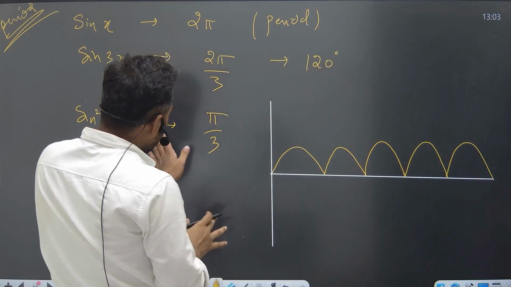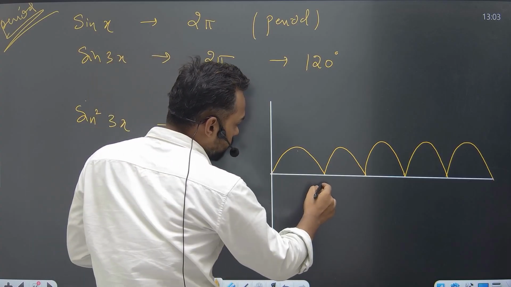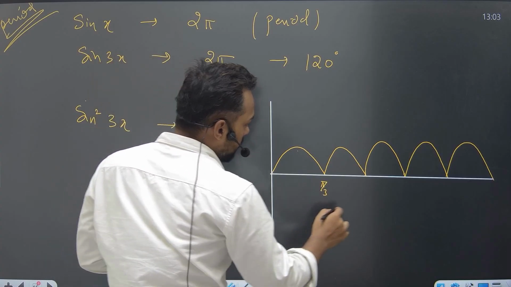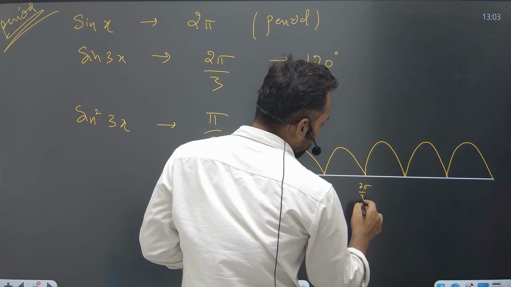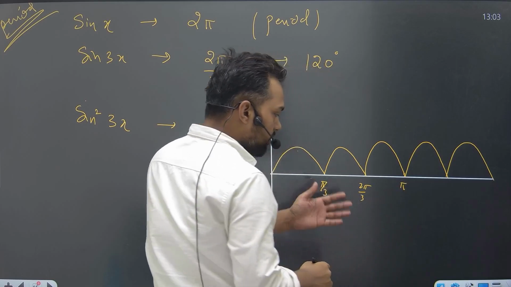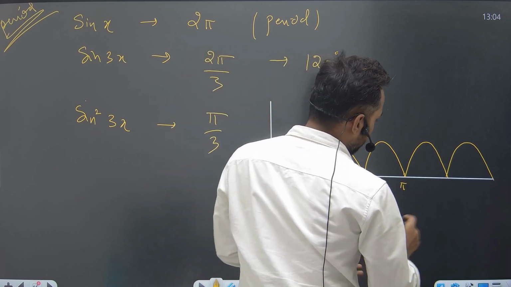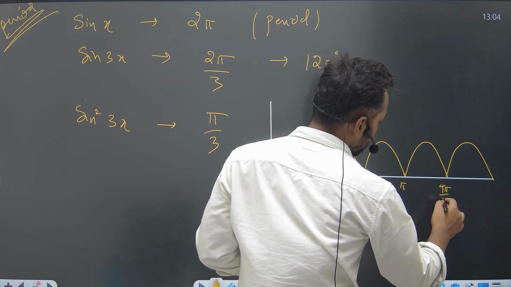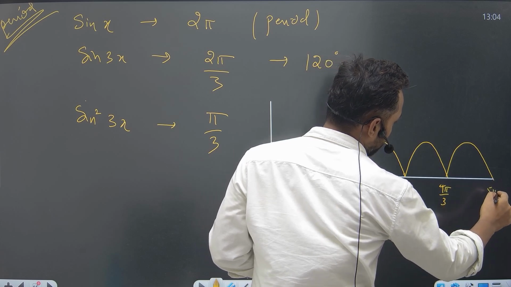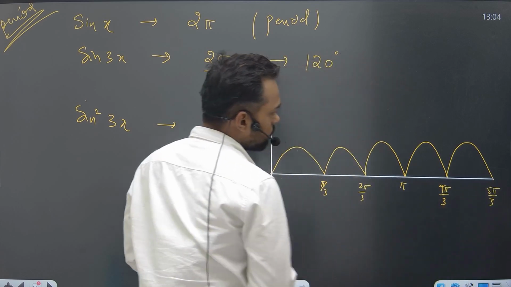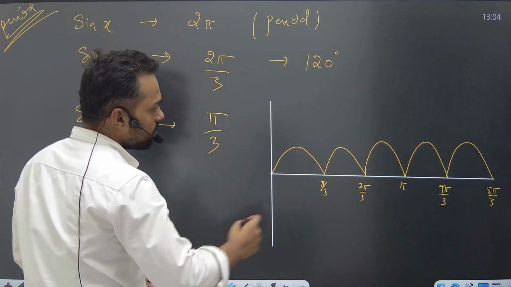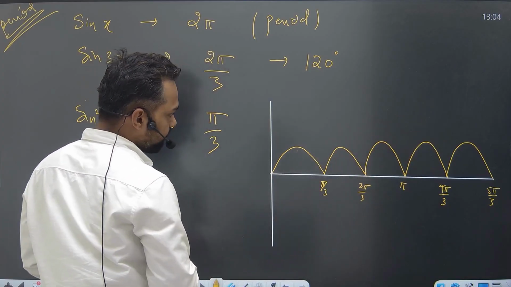I have calculated the period for sine square 3x, so it will be pi by 3, 2 pi by 3, pi, 4 pi by 3, 5 pi by 3. Okay, similarly the next will be 2 pi.